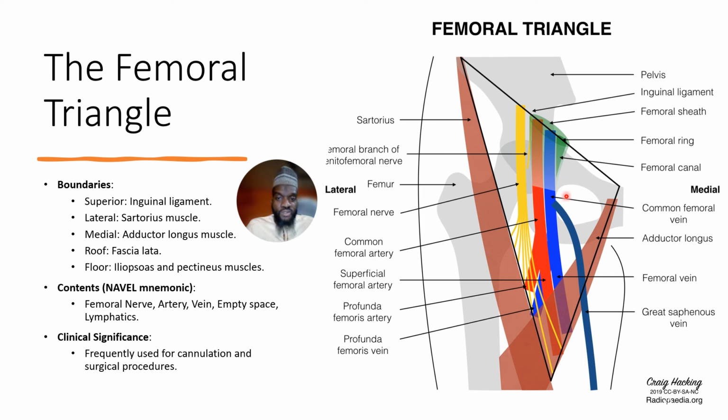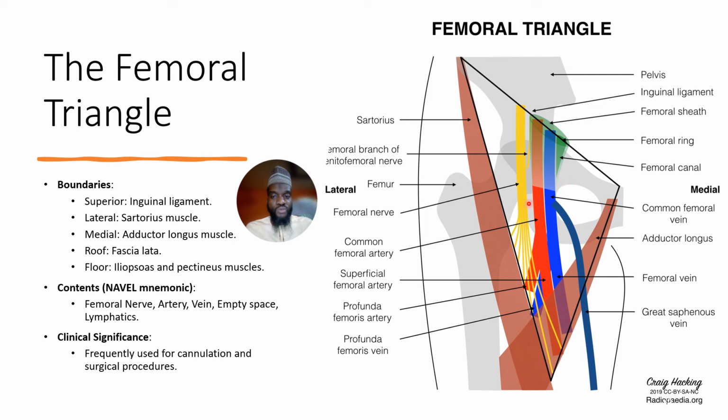So it's a space deep to the skin, so it has a roof. So what's going to be the roof? It's the fascia that is covering this part, and that is what? The fascia lata, right? The deep fascia of the thigh, the fascia lata. While the floor is going to be what? The iliopsoas muscle and the pectineus muscle.